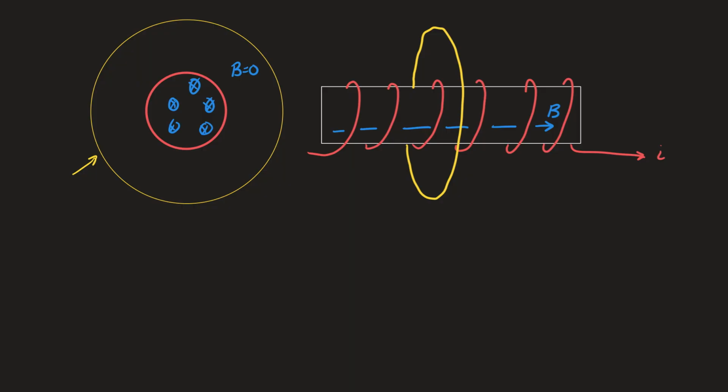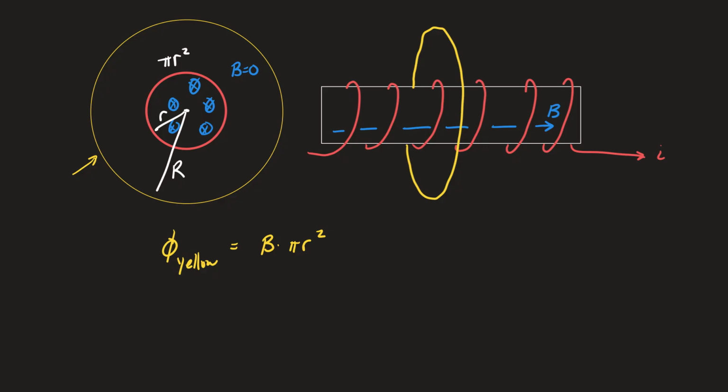It's going to be based on the radius of the solenoid. So if that's little r and this is big R, the smaller loop has an area of pi little r squared. But there's still a magnetic flux for the yellow loop that would equal B times pi little r squared.